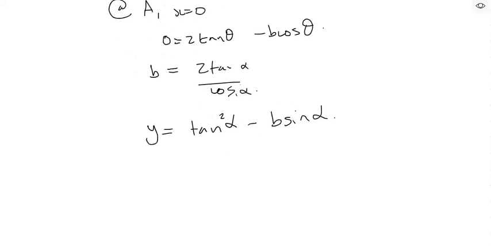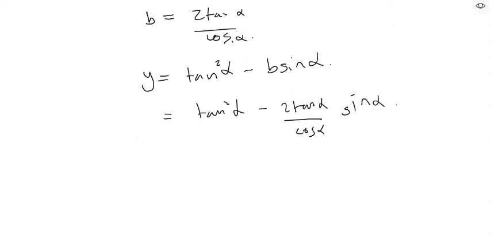So b, we now know, is this thing. So we have tan squared alpha minus 2 tan alpha over cos alpha times sine alpha. So that looks to me like y is equal to minus tan squared alpha.